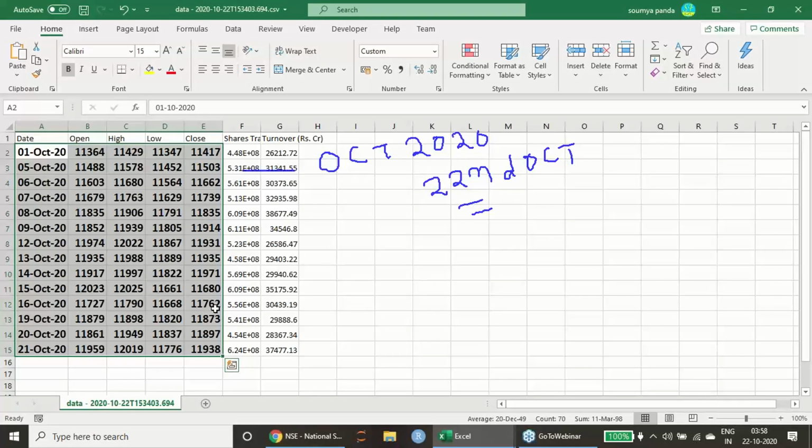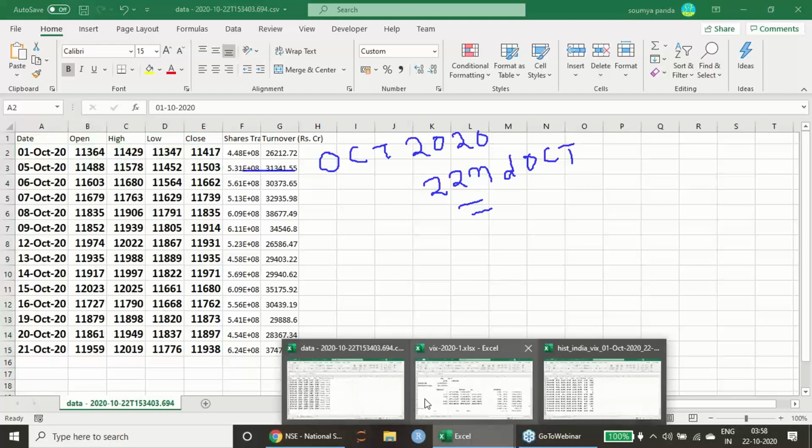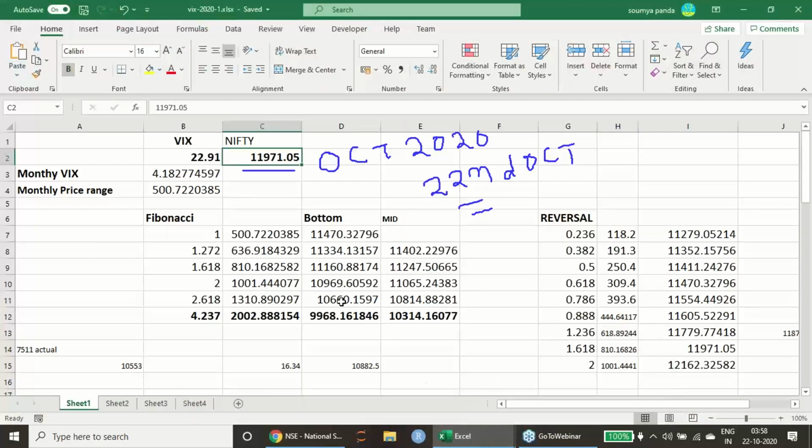So here we got 11,971 as the closing basis high, and 11,417 as the closing basis low. Based on these two data points, I am calculating the bottoms and tops.